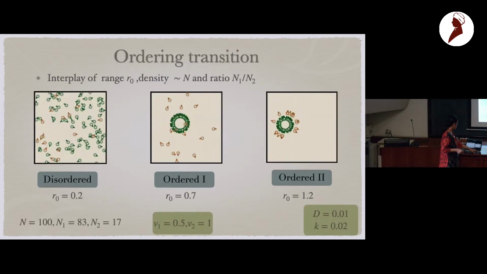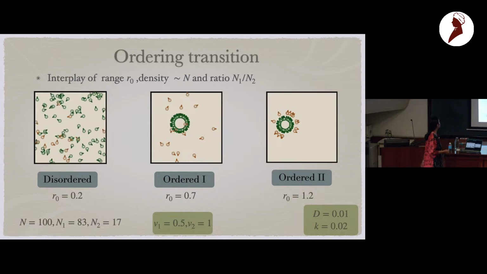Now we want to see what happens. It turns out that in this case, we can have three different regimes. One is the disordered regime, where the interaction range is very small, so all the particles are diffusing randomly. Then if we increase the range of interaction a bit more, we see the emergence of a phase where the slower particles, so particles with smaller speed, self-assemble into a ring.